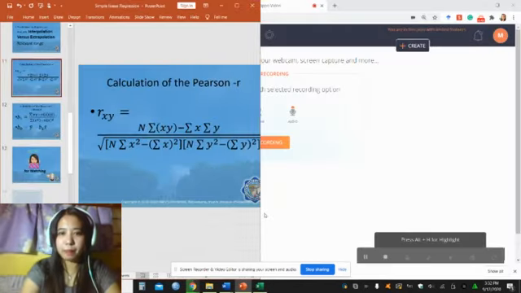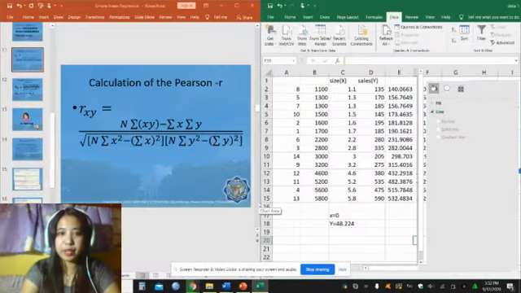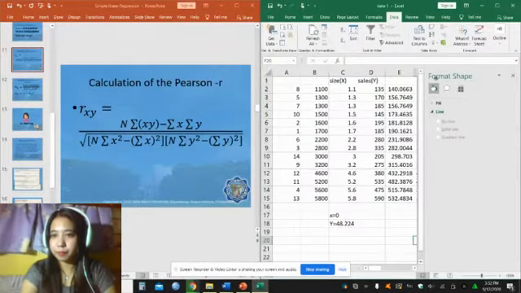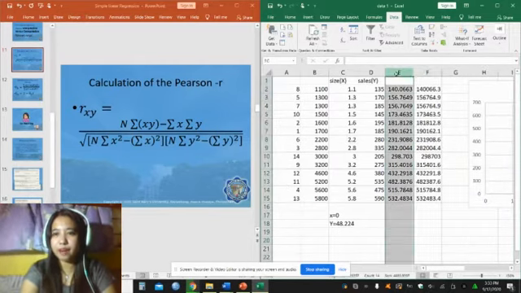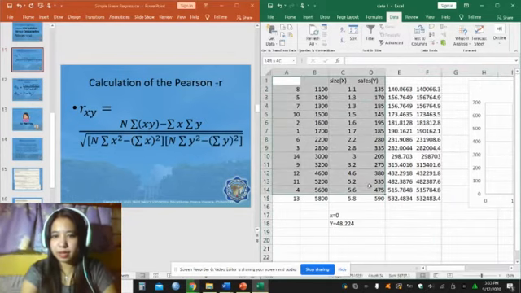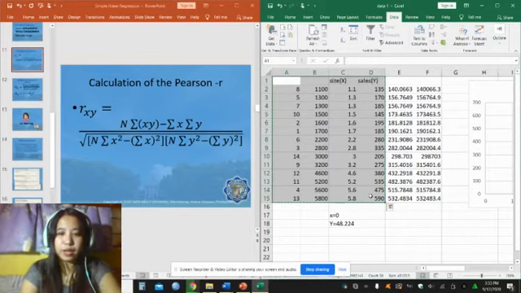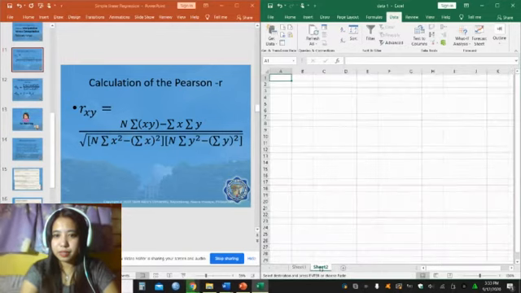So let us consider the first one. Let's go to our data. So this is our data. Assuming that we do not know the values yet, I will just copy our data set here and make use of a separate sheet.